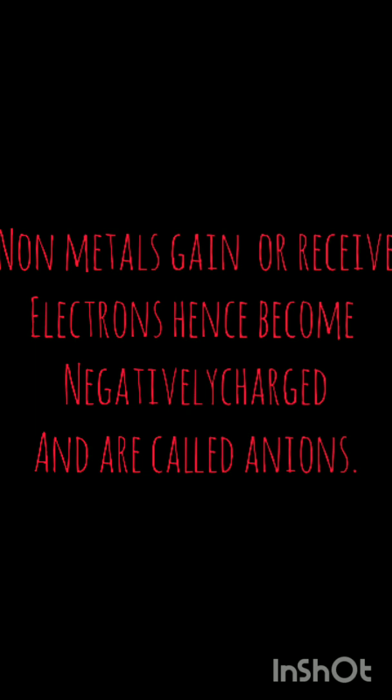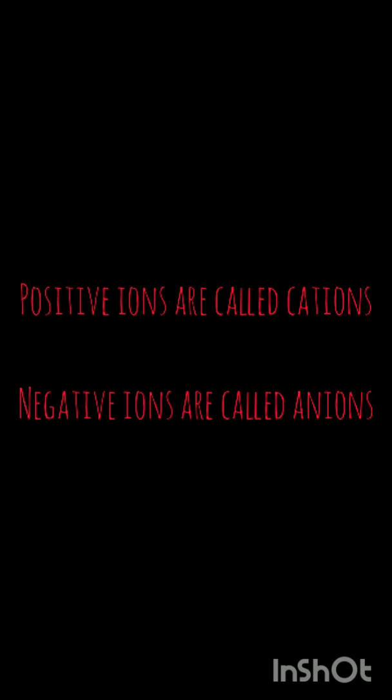So positively charged ions are known as cations and negatively charged ions are called anions. So metals form cations and non-metals form anions. Metals give away electrons and form cations. Non-metals receive electrons and form anions.